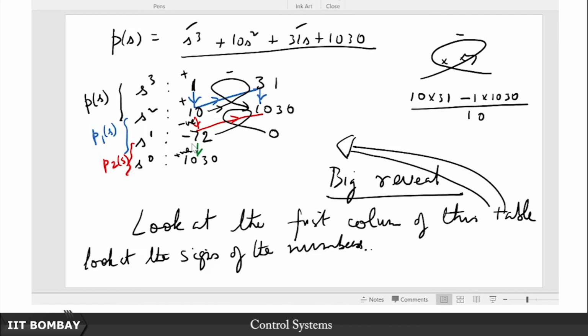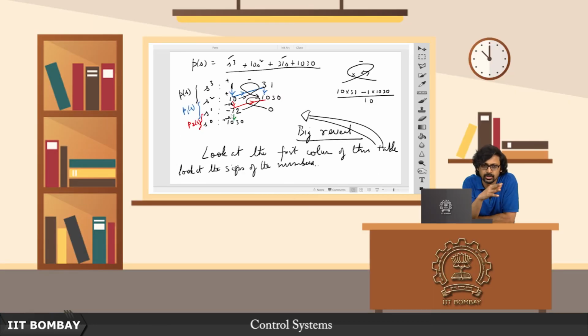Okay. So what I am now going to claim, but maybe not prove so much, is the fact that not only do the sign changes in the first column tell you that the polynomial does not have all its roots on the left half plane, but if you count the number of sign swaps, so for instance here, what is the number of sign swaps? From positive you have one sign swap to negative, and then from negative you have another sign swap to positive.